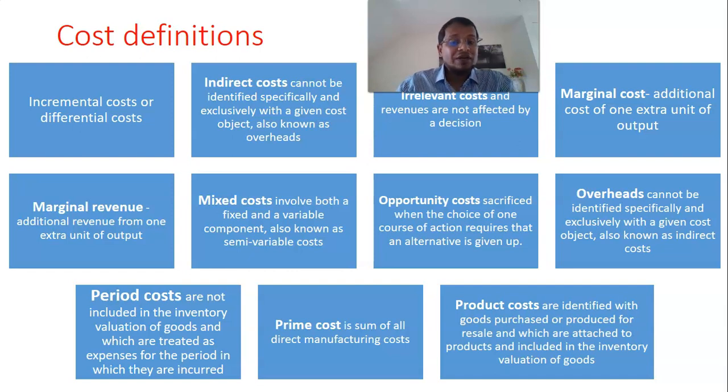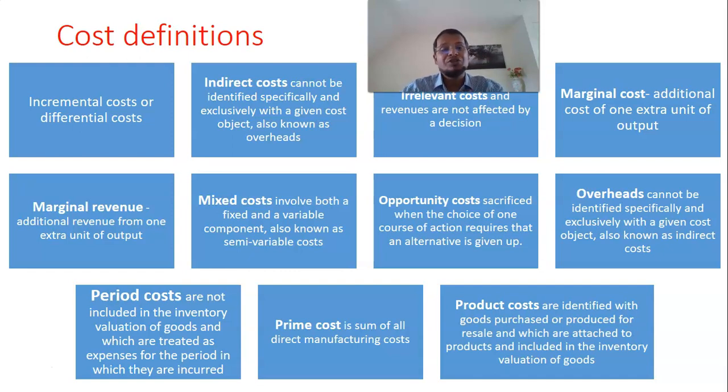We defined overheads, that is all indirect cost. Period costs are the costs that are relating to the period, time period. Okay, usually they are not included in inventory valuation. Okay, prime cost, we already defined what is prime cost.